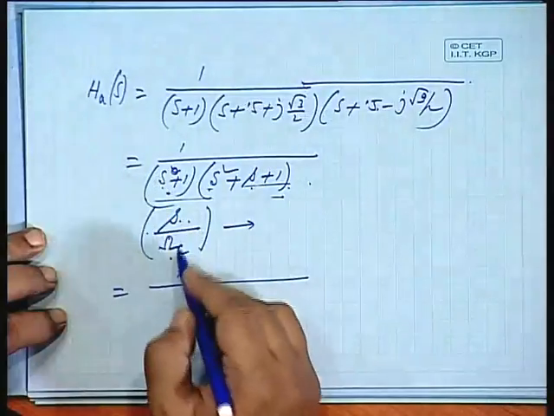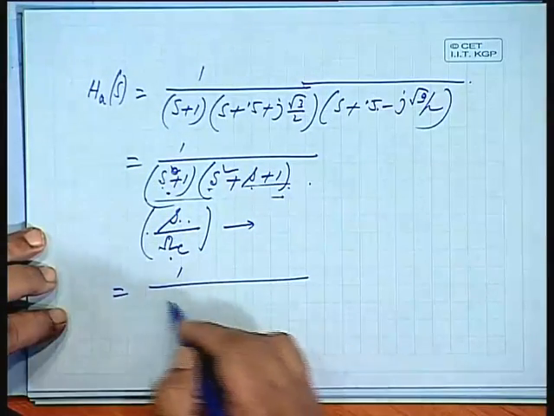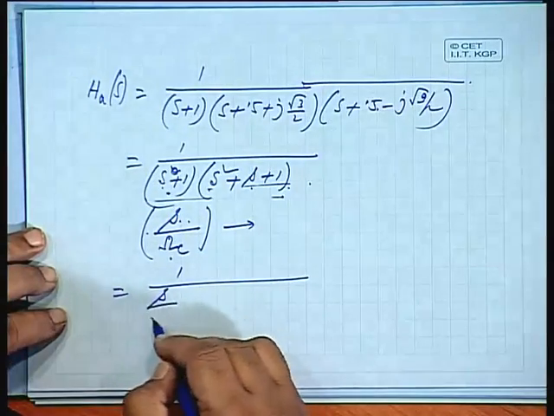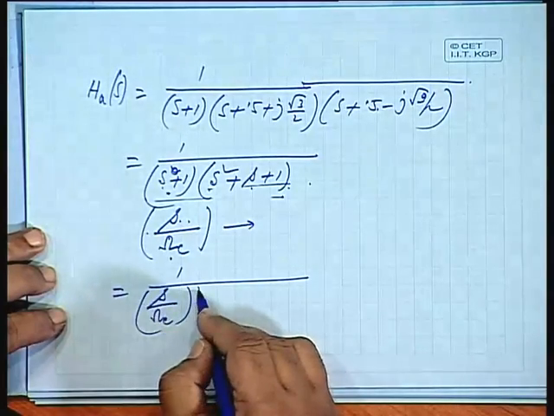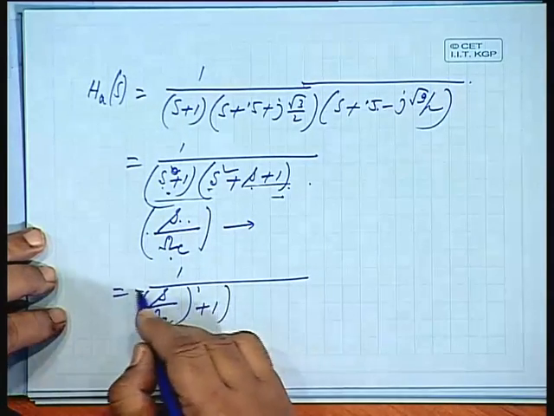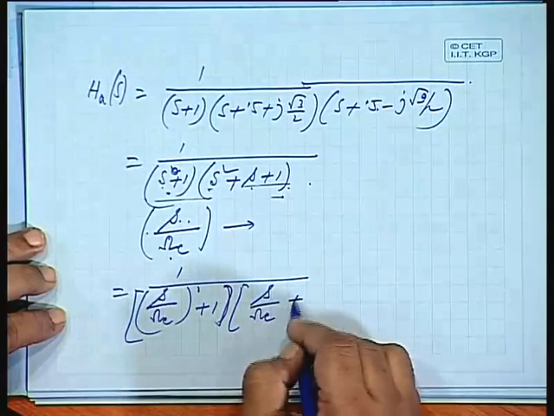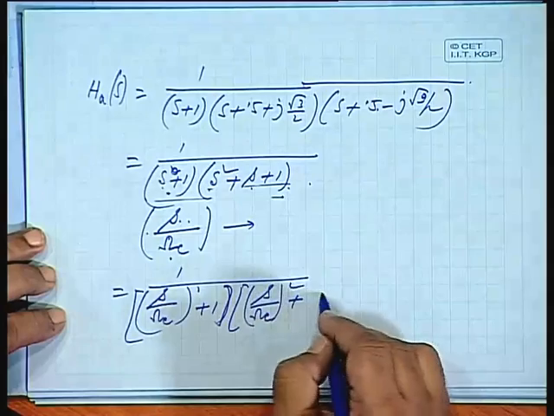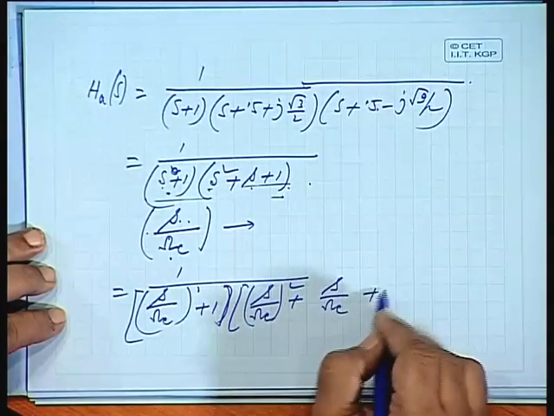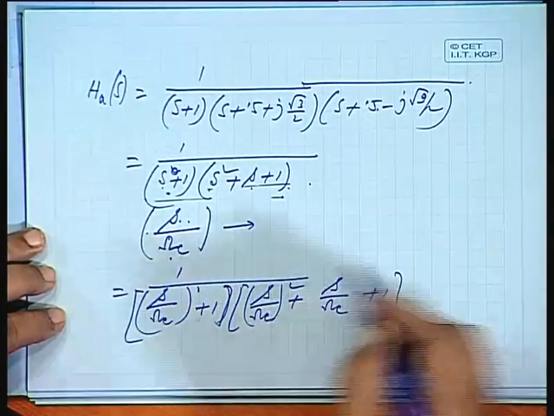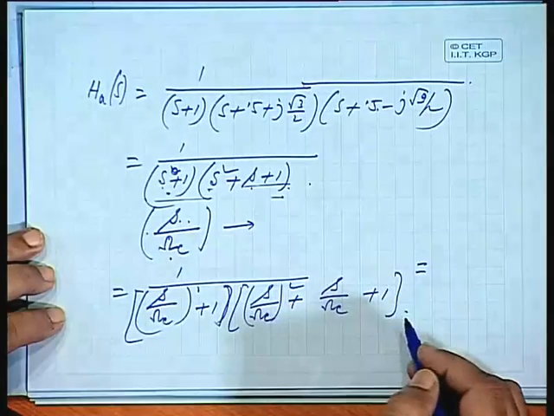So, put in place of s, s by omega c. So, it will be (s by omega c plus 1) into ((s by omega c) squared plus s by omega c plus 1). So, this will be the actual analog filter.